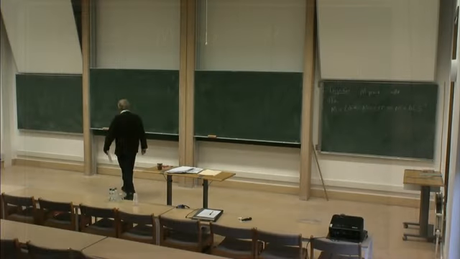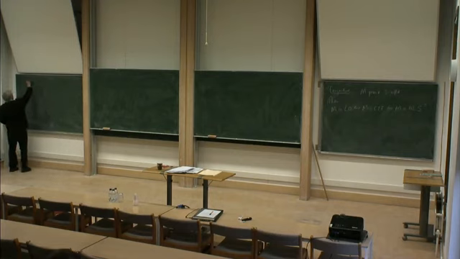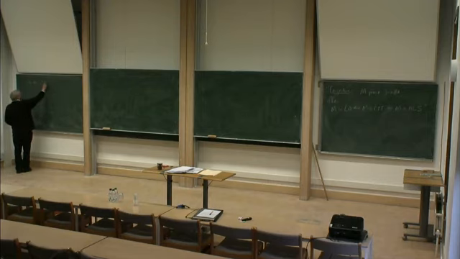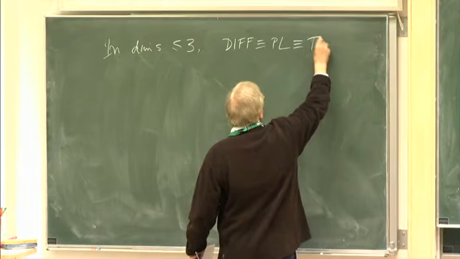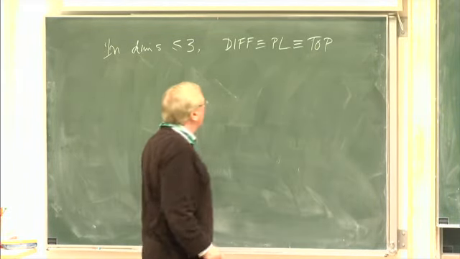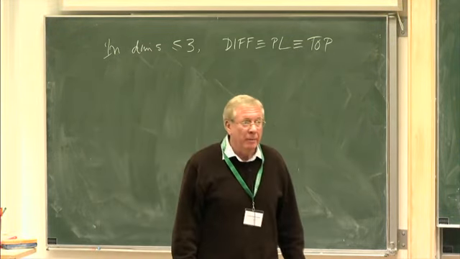So the first thing, let's remind you that in dimensions less than or equal to 3, all three categories are equivalent. The smooth category, the PL category, the locally flat topological category are all the same, so we don't have to say which category we're working in.